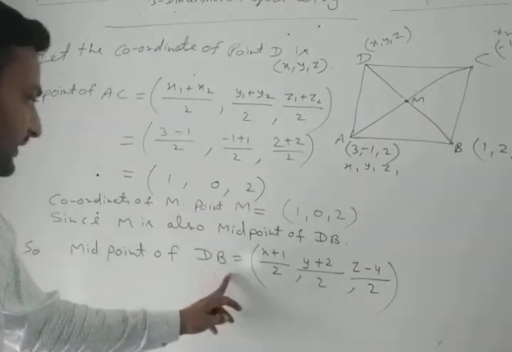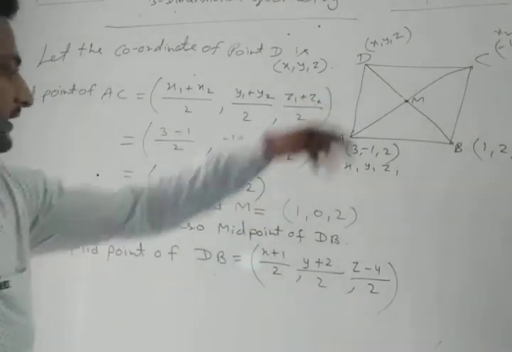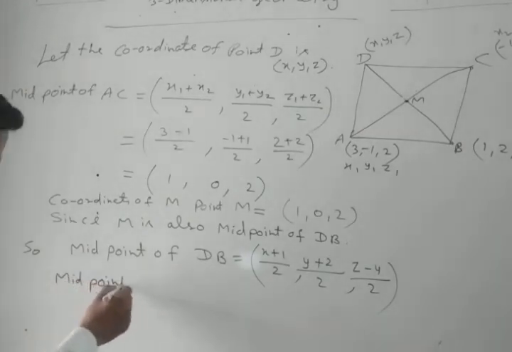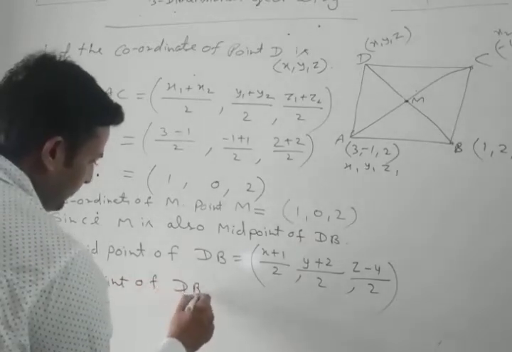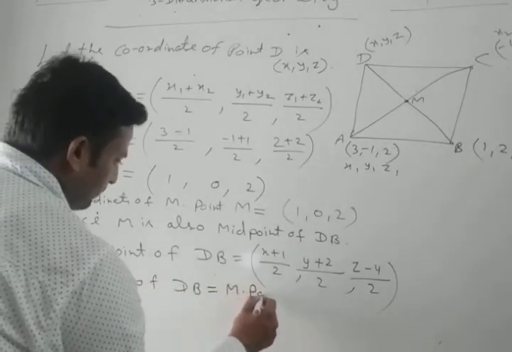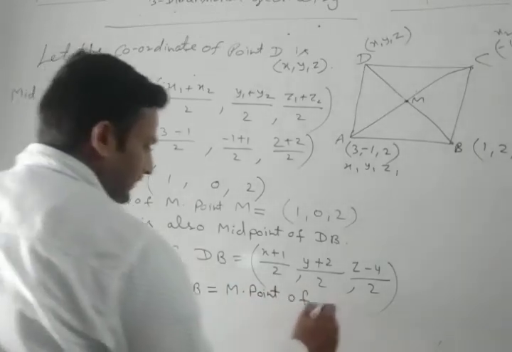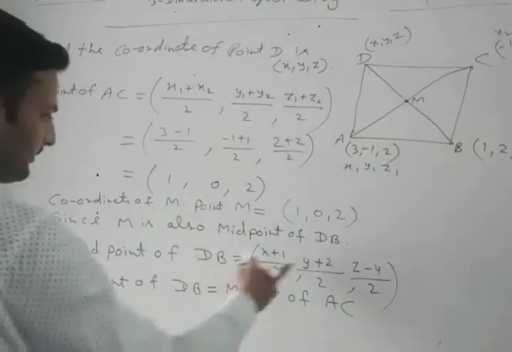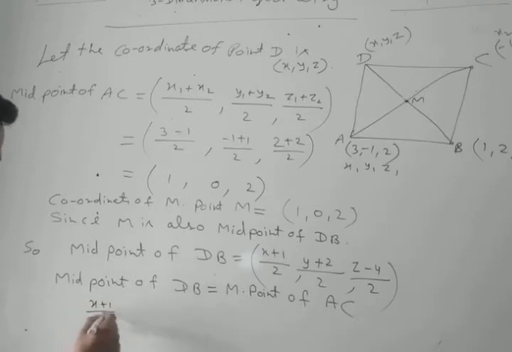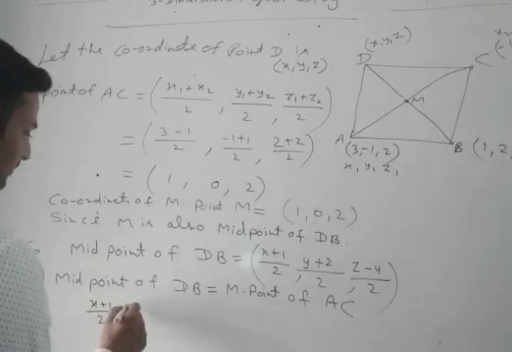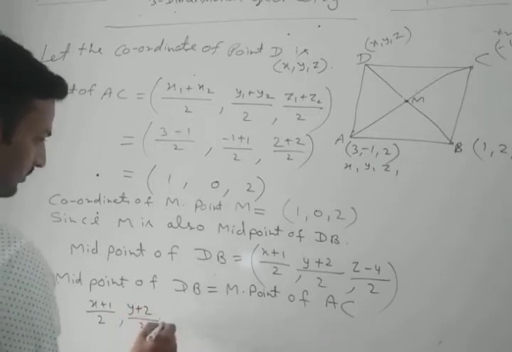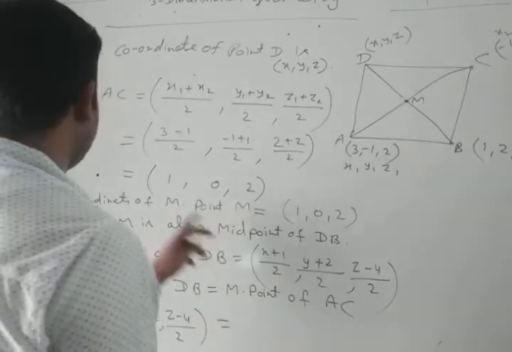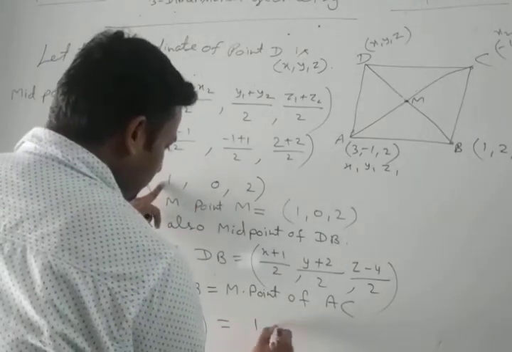Now the midpoint of DB is equal to the midpoint of AC. So x plus 1 by 2, y plus 2 by 2, z minus 4 by 2 is equal to 1, 0, 2.